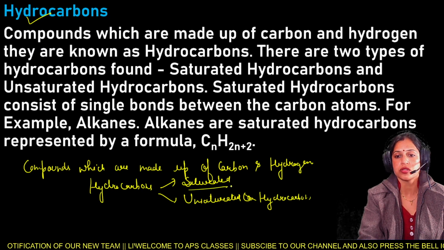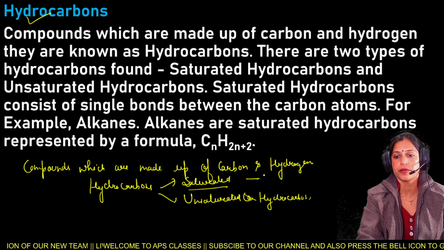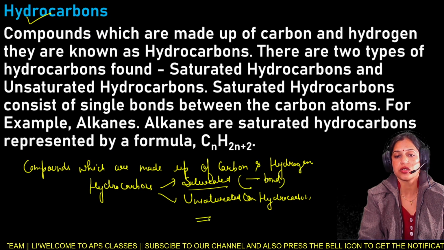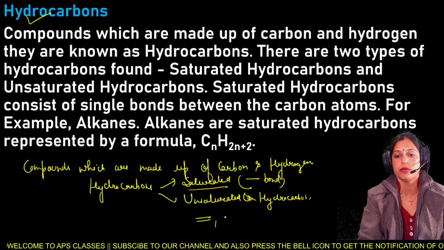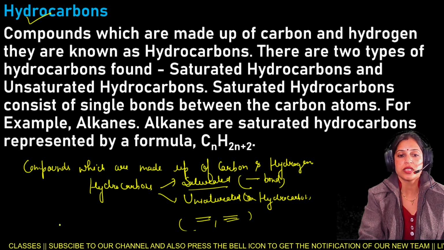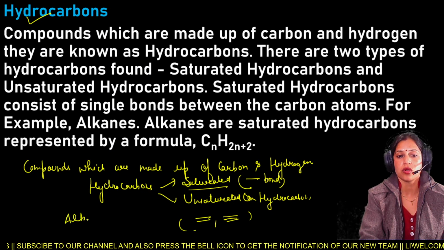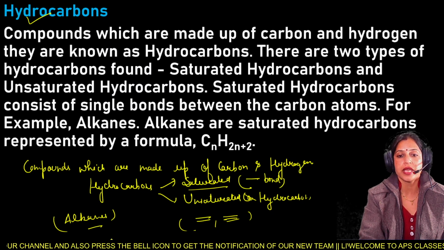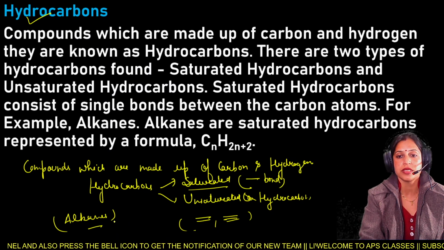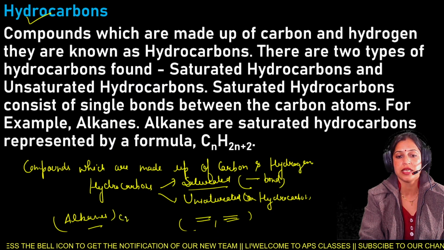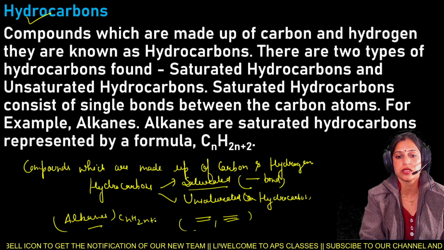Saturated hydrocarbons always consist of single bonds, whereas unsaturated hydrocarbons consist of double bonds and triple bonds. For example, saturated hydrocarbons are alkanes, because alkanes always consist of single bonds. Alkanes have the general formula CnH2n+2.